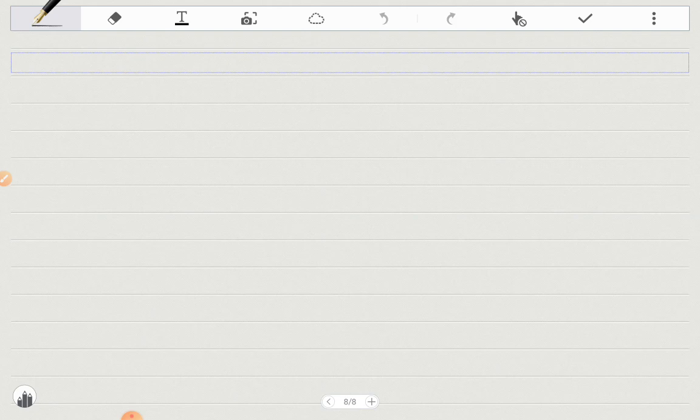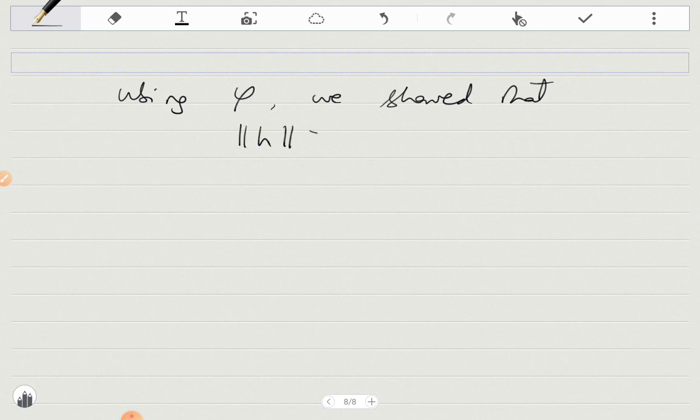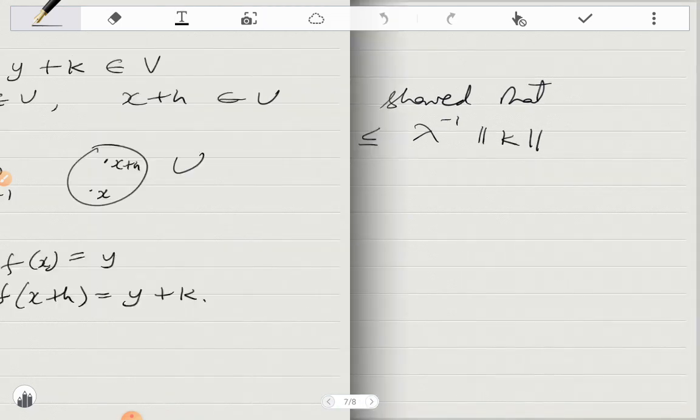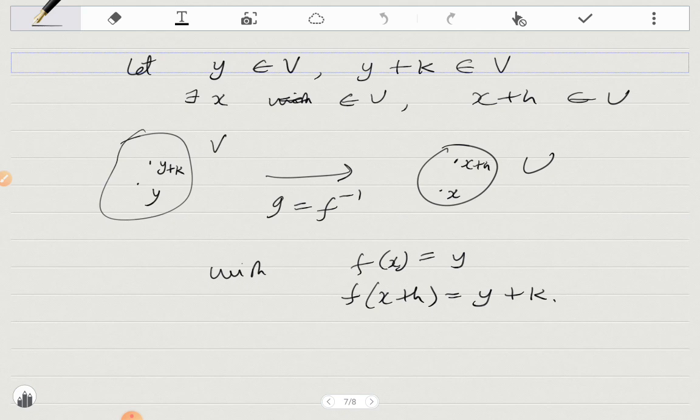And at some point, using the auxiliary function phi, we showed that norm h is less than or equal to lambda inverse times norm k. This was an important technical point.